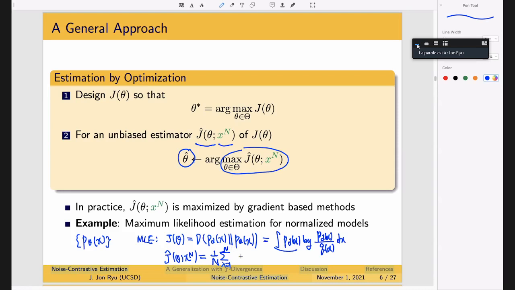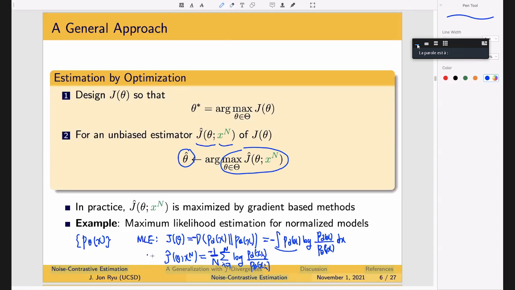So the sum of log P theta xi. Sorry, I should have used P theta here, and I should have taken this to be minus.